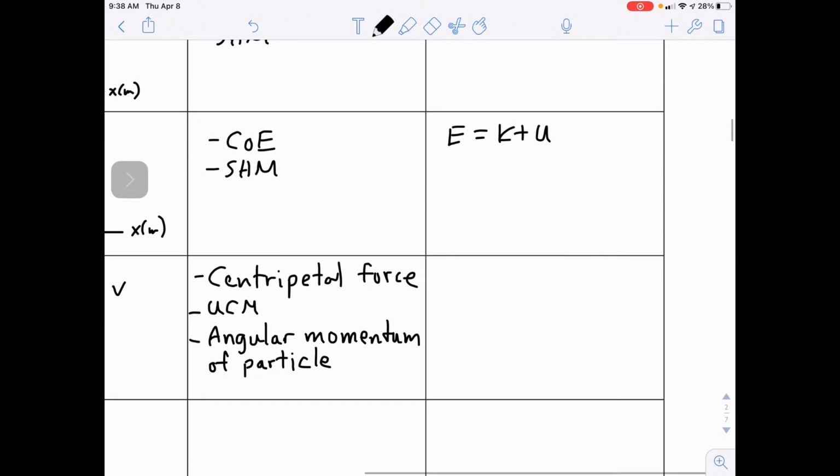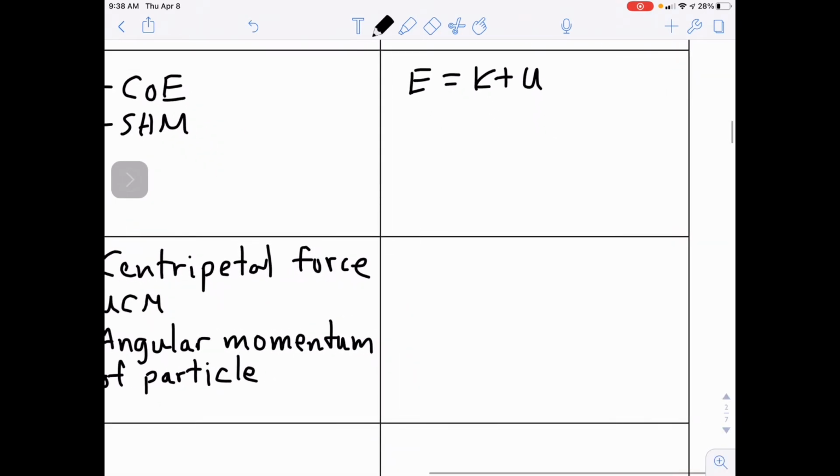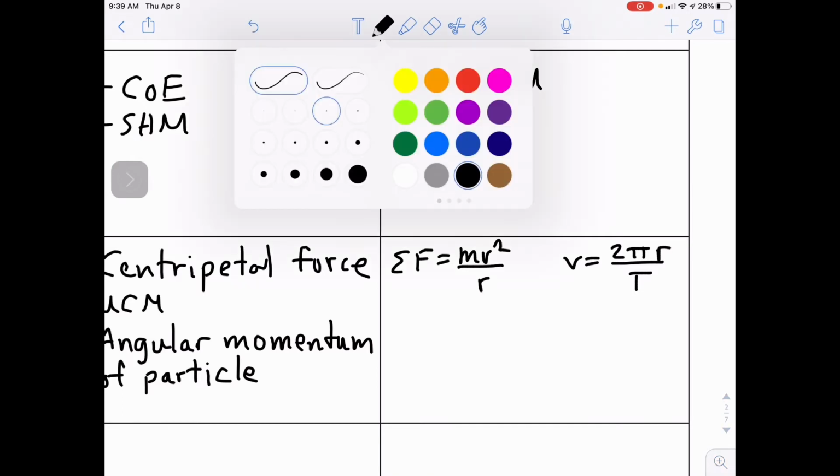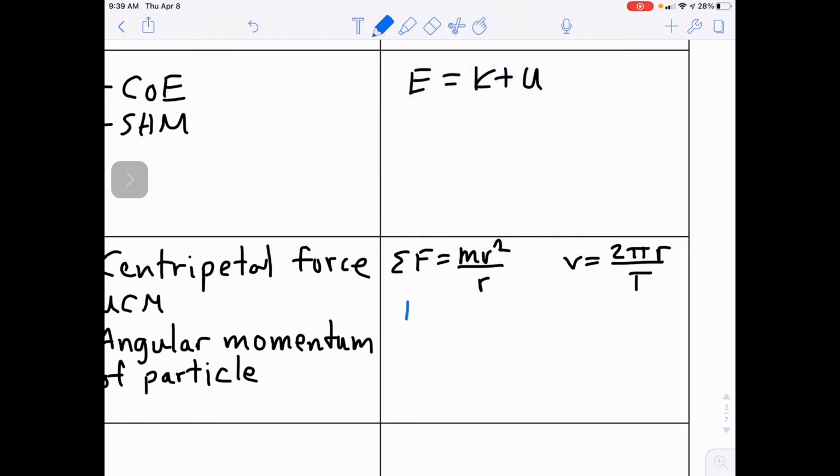Okay, so equation-wise, we're looking at net force equals ma, which in this case is mv squared over r. You should also need, with uniform circular motion, the total distance divided by the total time, 2 pi r over the period. You should be able to derive the fact that net force is force into the circle minus force out of the circle equals mv squared over r.